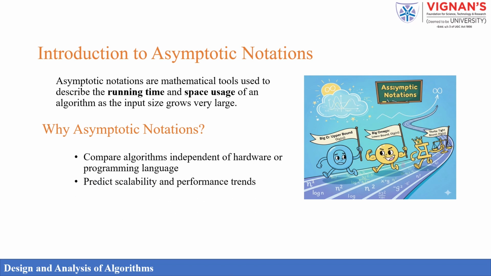These notations help us understand scalability and focus on the dominant terms of complexity rather than exact execution times. Asymptotic notations allow us to describe how algorithm performance scales without counting every operation. They simplify performance expression using growth rates.